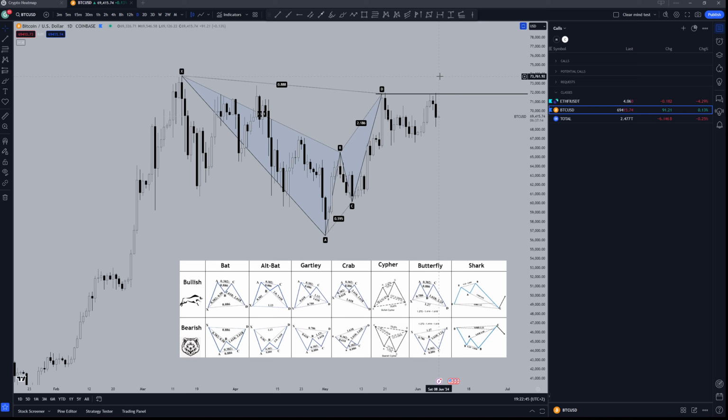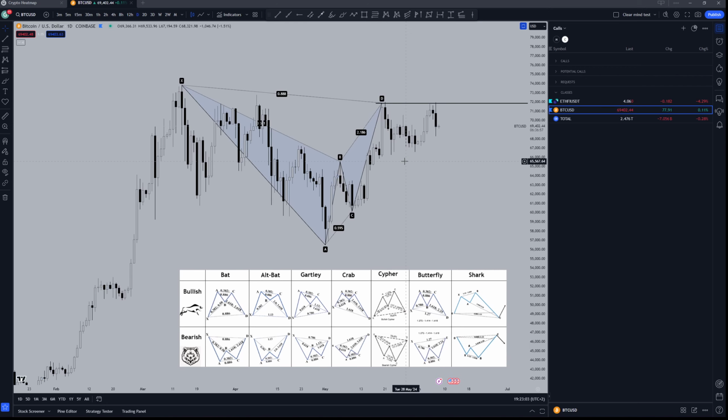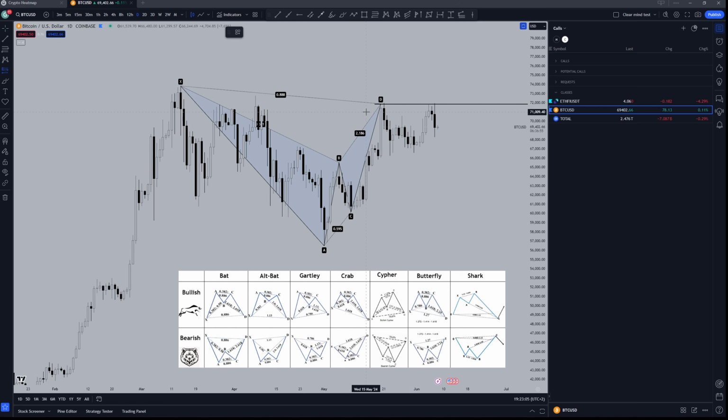But we can mark the zone as a potential reversal. So we can either short here, take profits here, or take a hedge for our longs because we're coming off of a lower point. So we can use this zone as a confluence to do all of those things and to protect ourselves from a potential down move. In this case, I shared a short at this point.